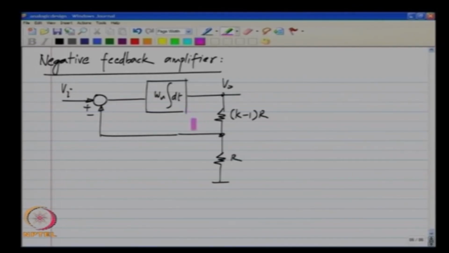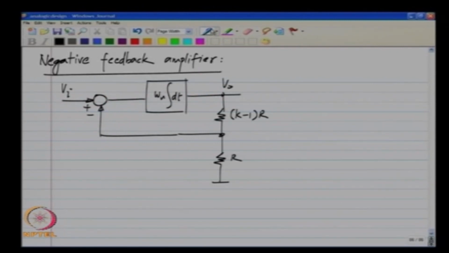So, the essential component of the negative feedback system is taking the difference between the input and some feedback quantity and integrating the difference, and you drive the output in a way that the difference is minimized. That is the essence of negative feedback. So, every negative feedback system needs to have a way to take some difference and a way to integrate the difference.